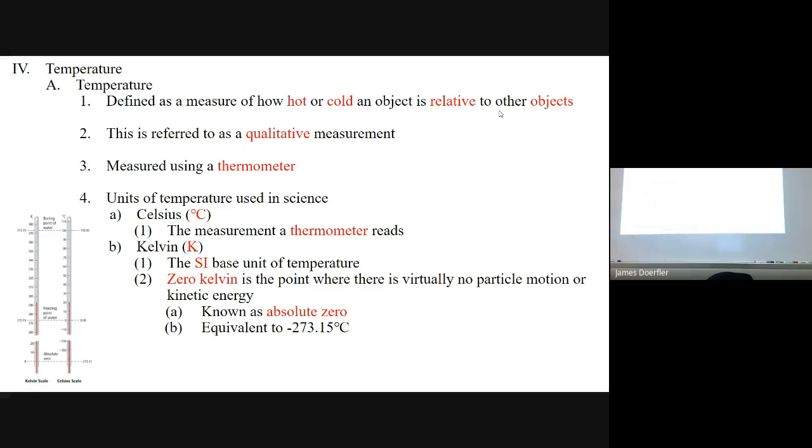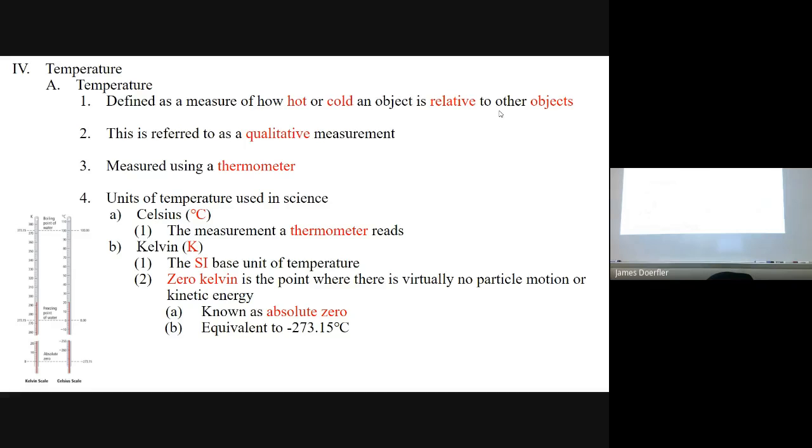We use a thermometer to measure. And typical units of temperature that we use in science is Celsius. And again, we get Celsius from the thermometer reading. And Kelvin, which is the SI unit. And again, we already mentioned for temperature that 0 Kelvin is essentially the point of absolute zero. There is no particle movement whatsoever.